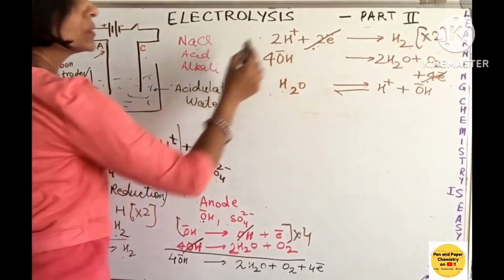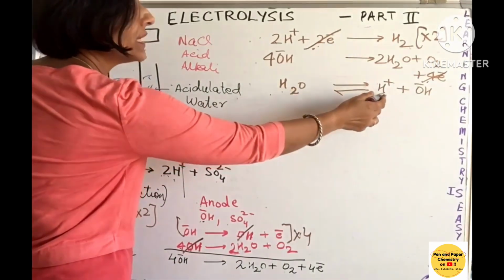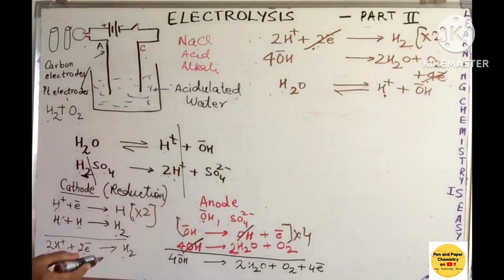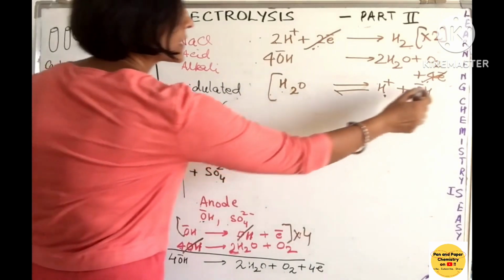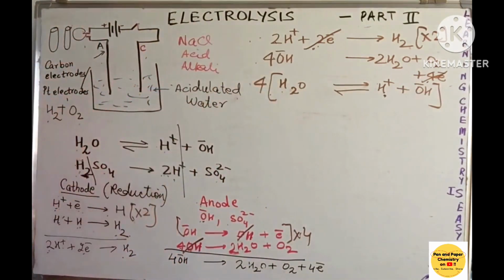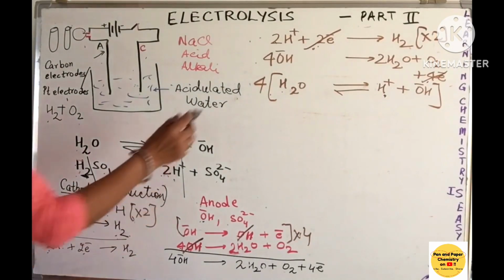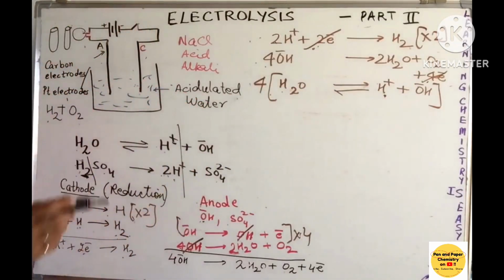2 times 2 is 4 hydrogen ions, whereas only 1 hydrogen ion is being generated by 1 water molecule. I need 4 for the reaction at the cathode. So I multiply this equation also by 4. Anything else missing? 4 hydroxyl, 4 hydroxyl, right?